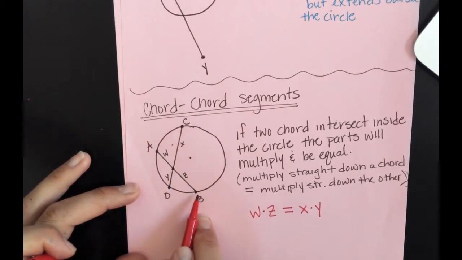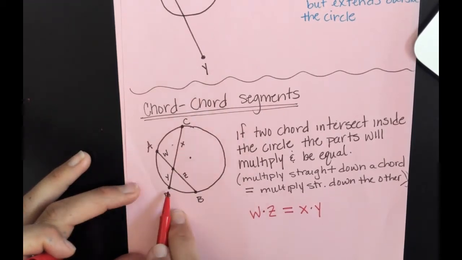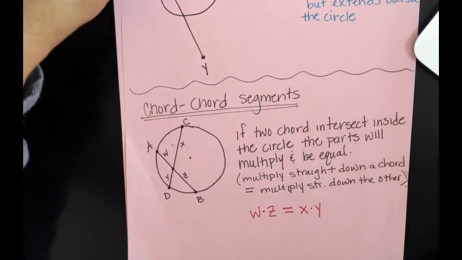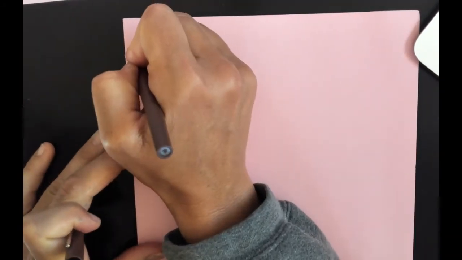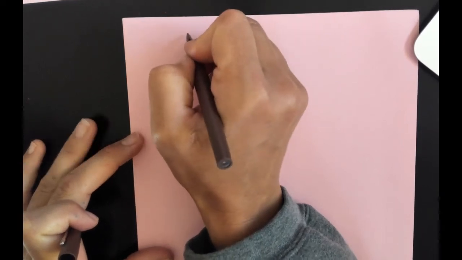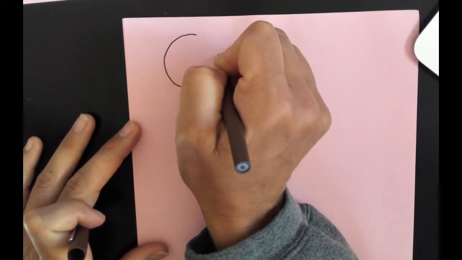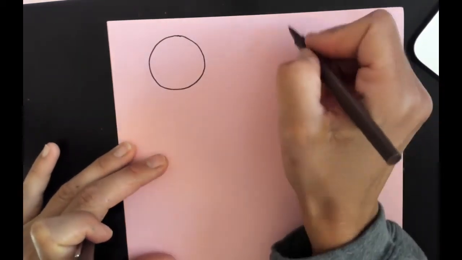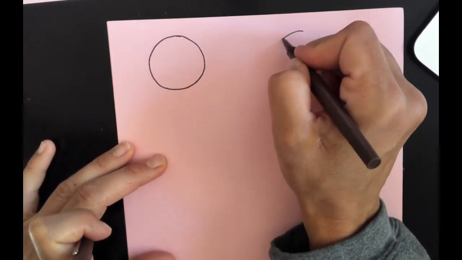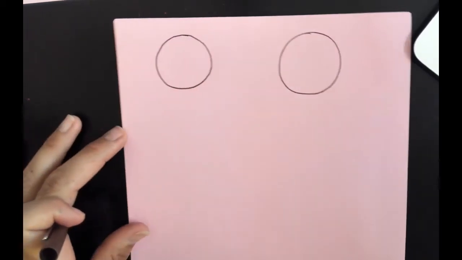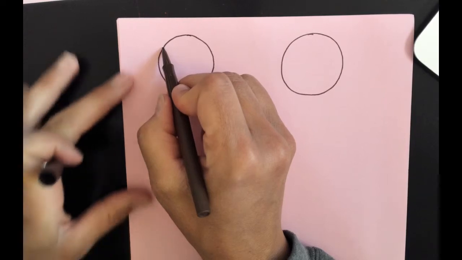Straight down one chord, multiply them together, straight down the other, multiply them together. So then there's going to be two different combinations. Not bad.